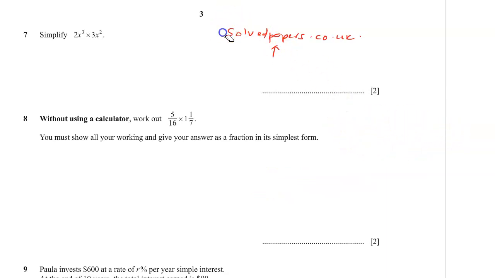Let's continue with number 7. Simplify this. To simplify this, you may just multiply 3 by 2 to get 6. Then you go to x raised to power 3 times x raised to power 2. These are indices.